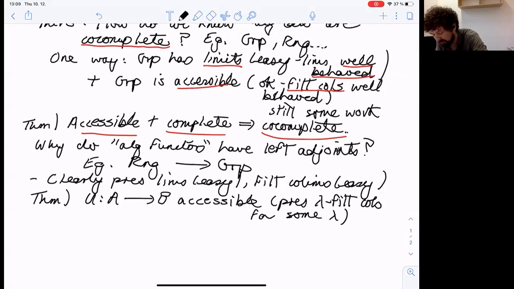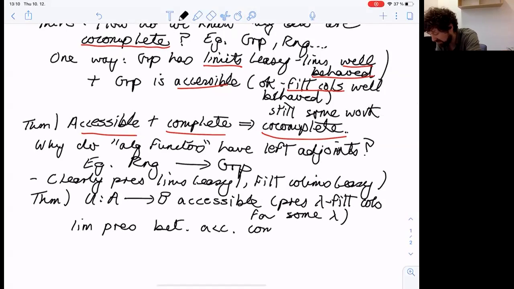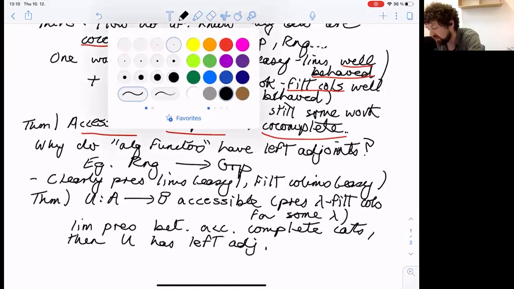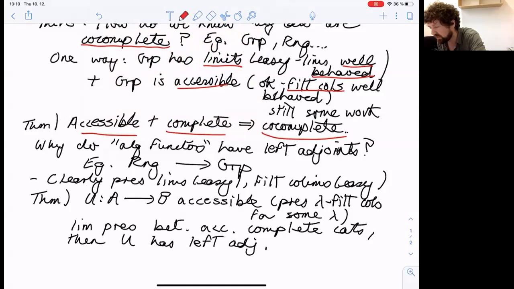If you have a functor like that, and it also preserves limits between accessible complete categories, which are also the locally presentable categories, then U has a left adjoint.